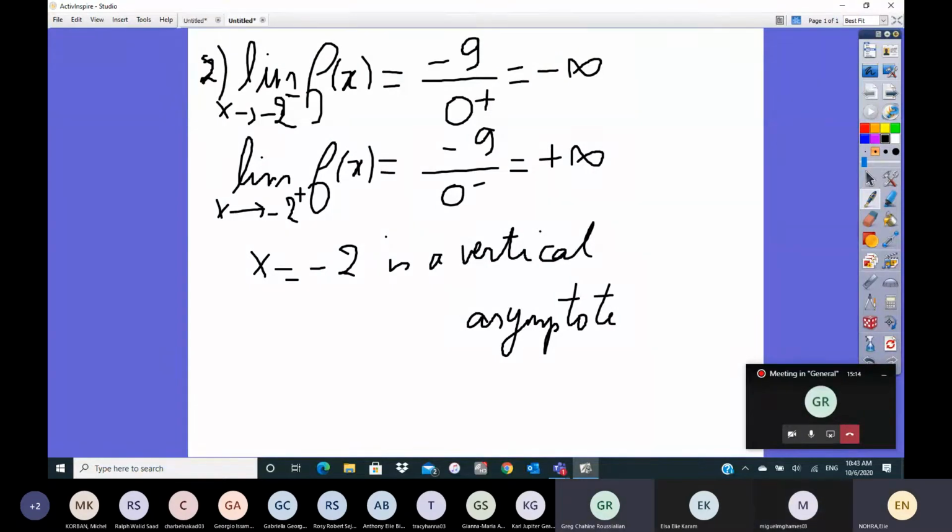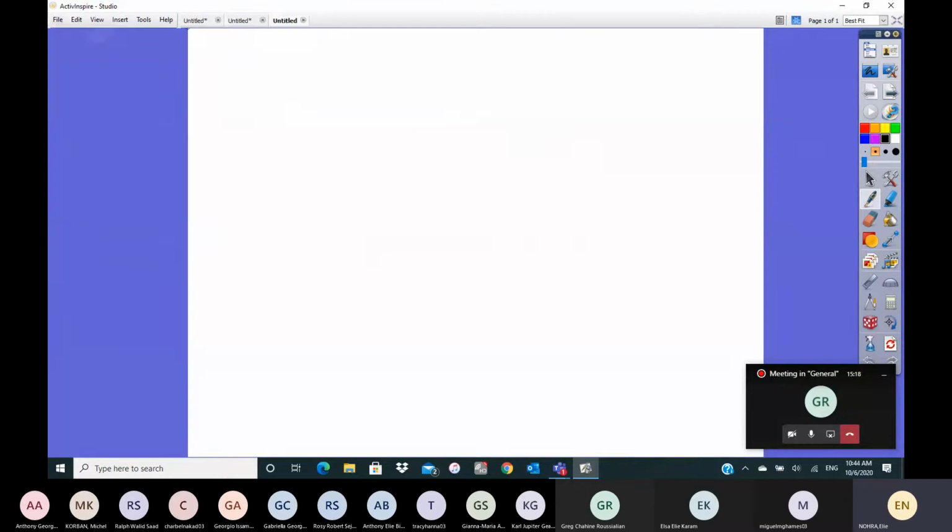Third question. Since we're talking about infinities, we have the question which is sliced in pieces. First about the limit, then about the asymptote, and finally about the position.